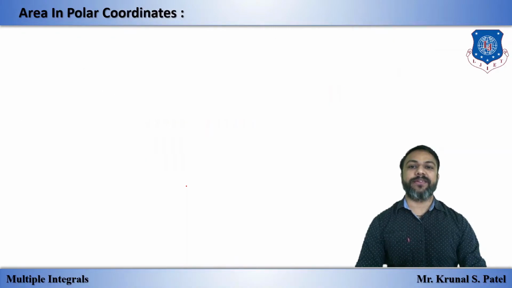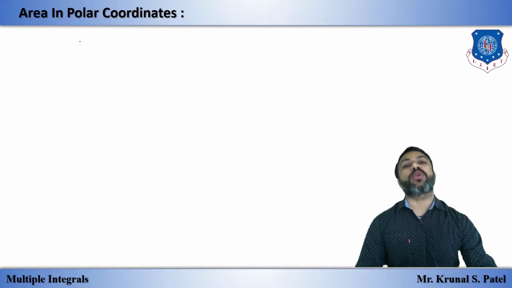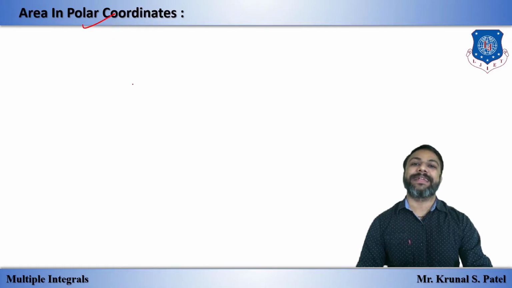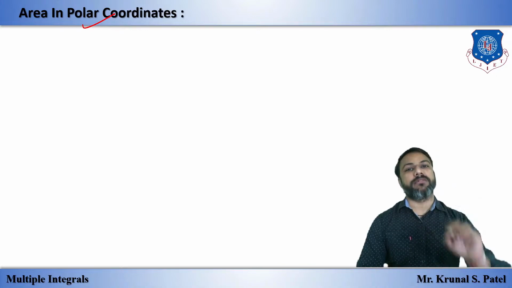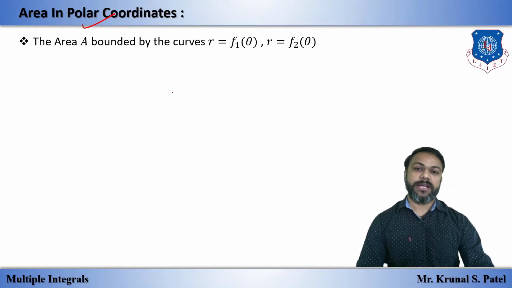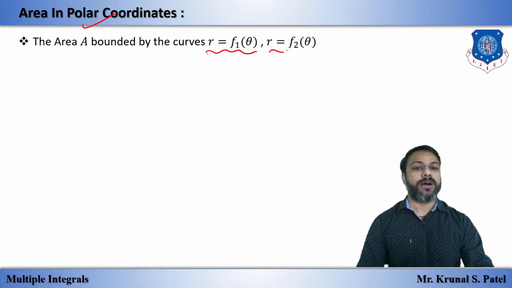In a similar way we have area in the polar coordinate system, that means in r and theta. Here in polar, as we have seen, we take the elementary vector from the origin to the curve, or curve to curve.